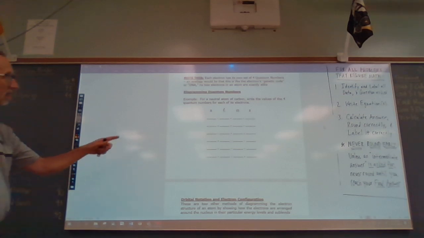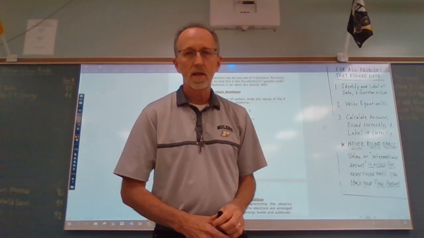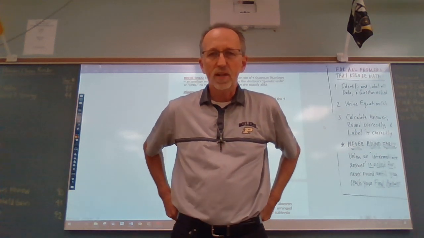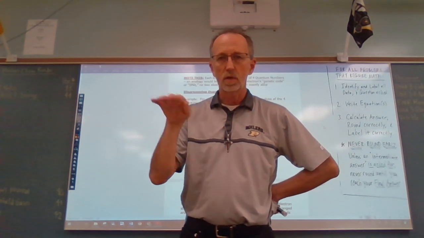Let's note this. Each electron has its own set of 4 quantum numbers. Look down at the sheet we just filled out. Each horizontal row represents the 4 quantum numbers of one electron. And as you scan down the rows, you're not going to find any 2 electrons that have the exact same set of 4 quantum numbers.